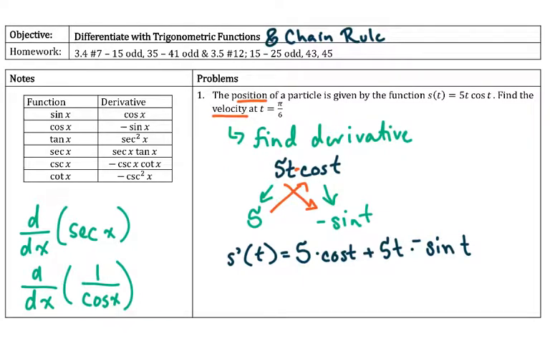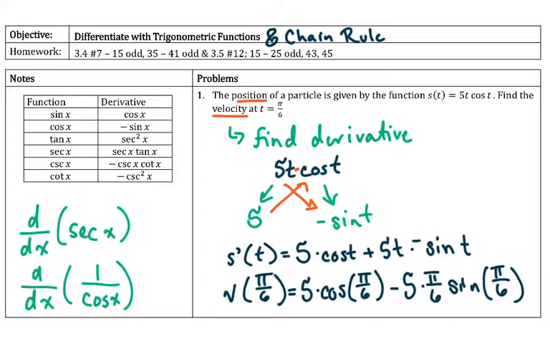So there's our velocity function, and then they're asking for it at pi over 6, so I'm just going to plug that in. You'll notice here we've got our velocity at pi over 6, and just plugged in these values. Now all you need to do is use your knowledge about sine and cosine of pi over 6. You can use the unit circle if you like, which is how I am going to do it, to find the exact value without a calculator.